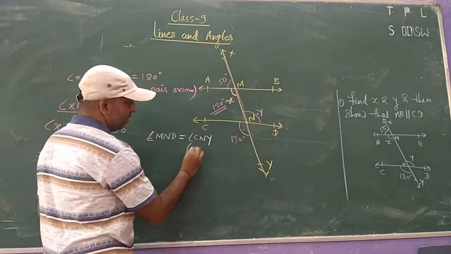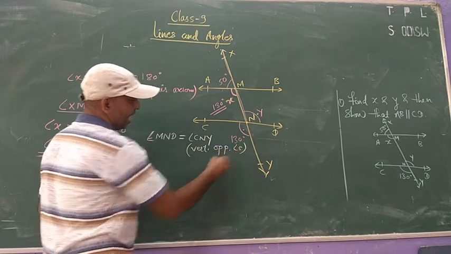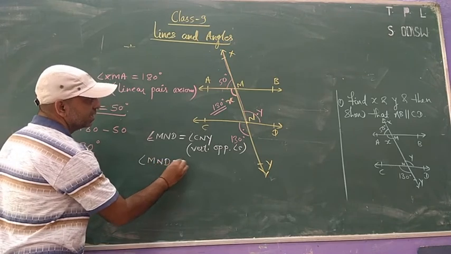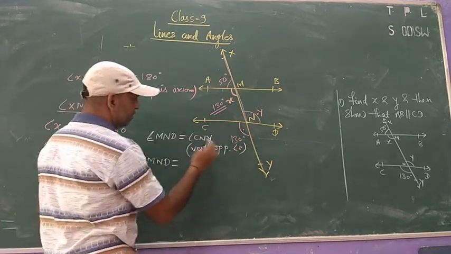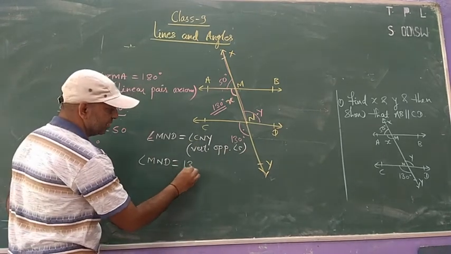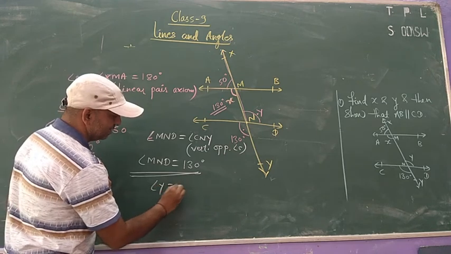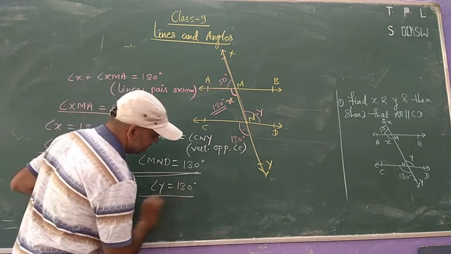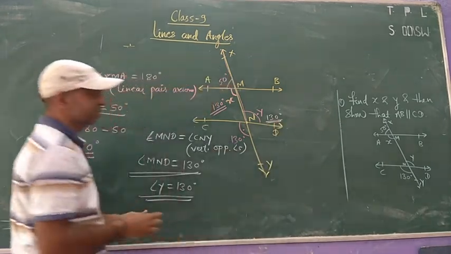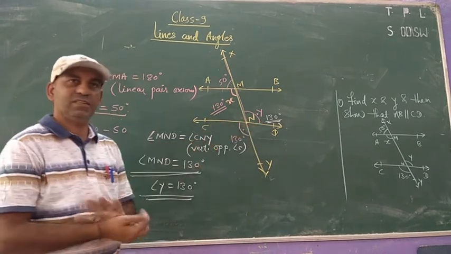Are equal. Why? Because vertically opposite angles. So here angle MND is equal to, what is CNY? CNY is given as 130 degree. So it is 130 degree. So it means angle Y is 130 degree. Okay, so this is also 130 degree. Now see, this angle is 130 and this angle is also 130 degree.